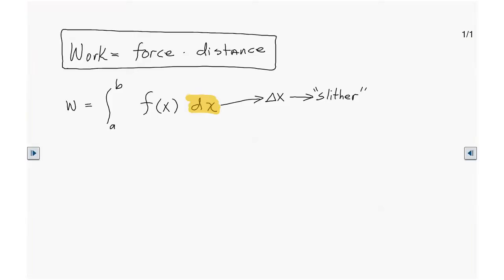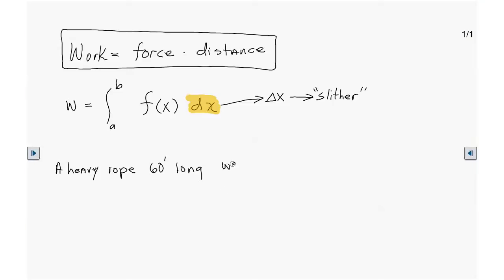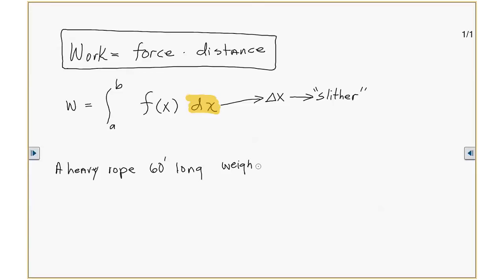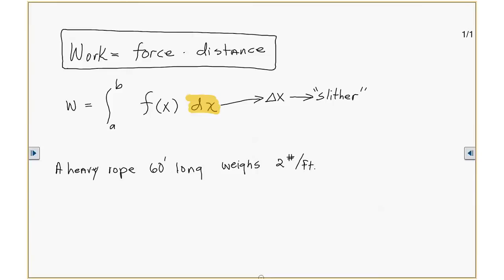A heavy rope (60 feet long) weighs 2 pounds per foot and hangs over a building.